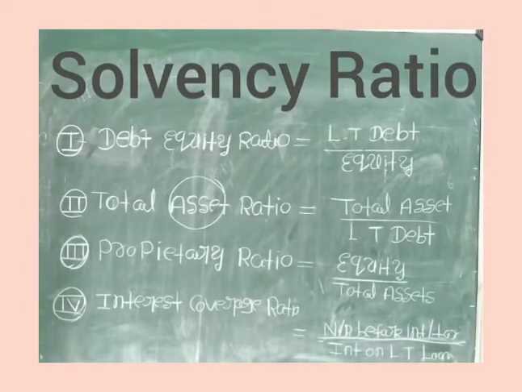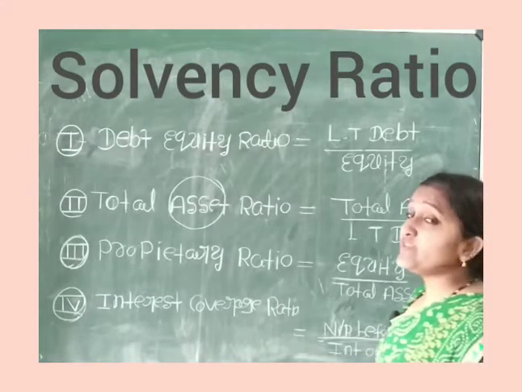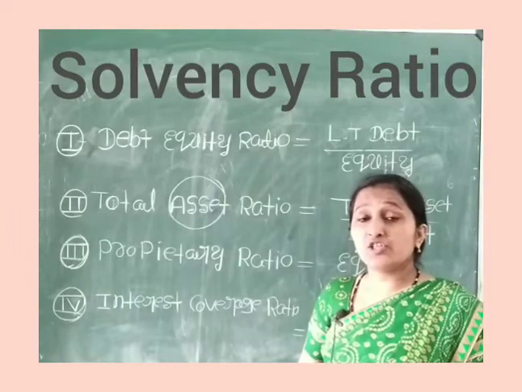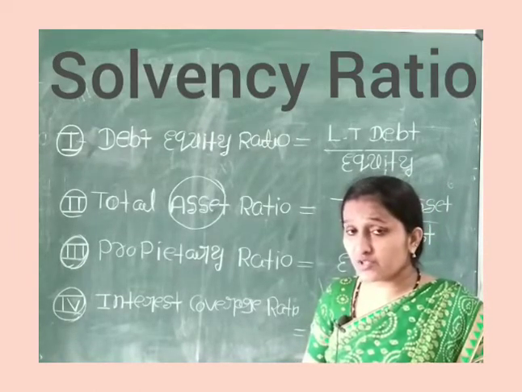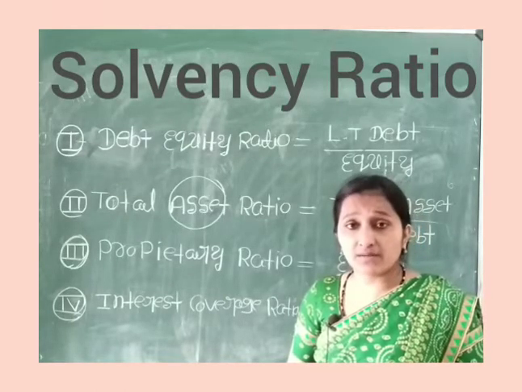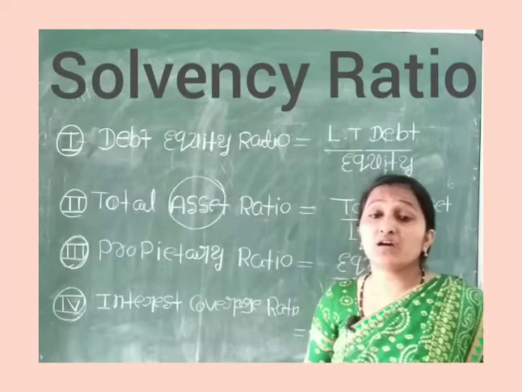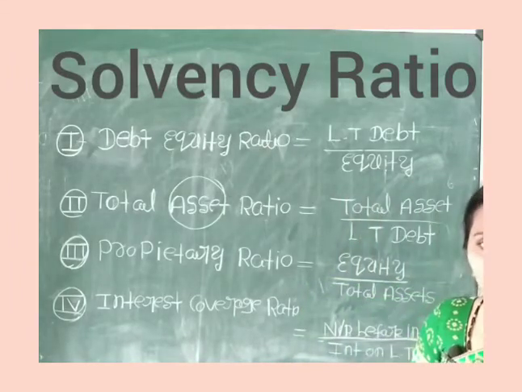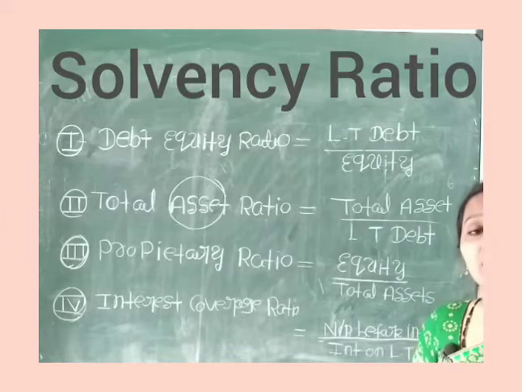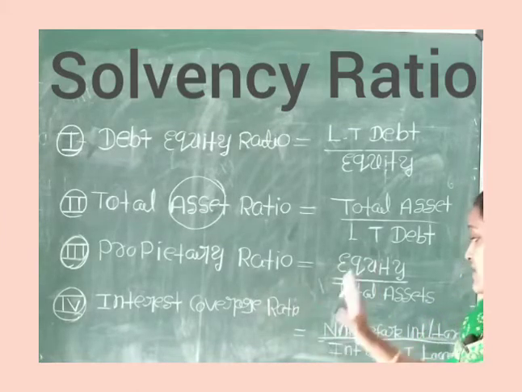And the next and last formula in solvency ratio which we calculate is the interest coverage ratio. What interest coverage ratio is telling you is how much we are going to get in the form of returns at the end of the year on the amount which we invested in the company.